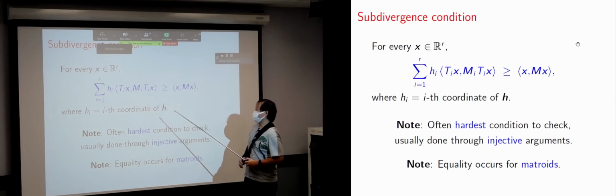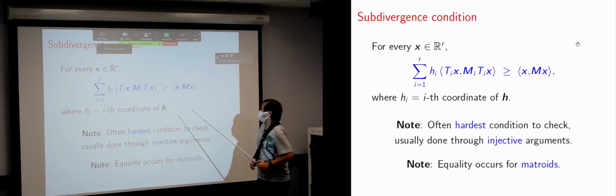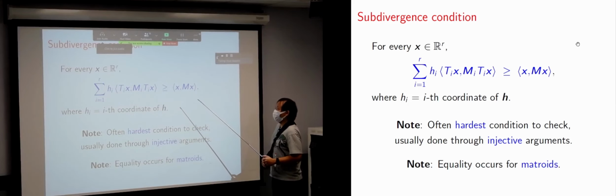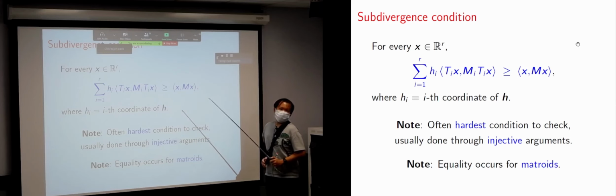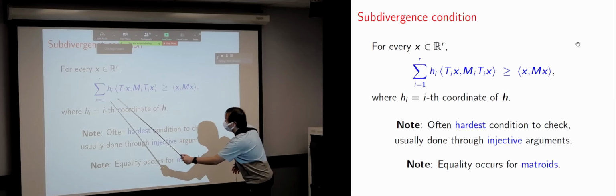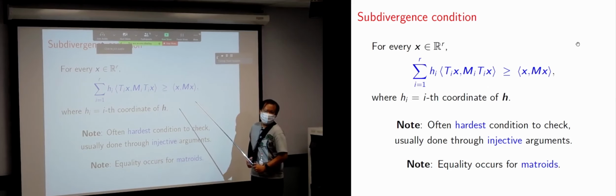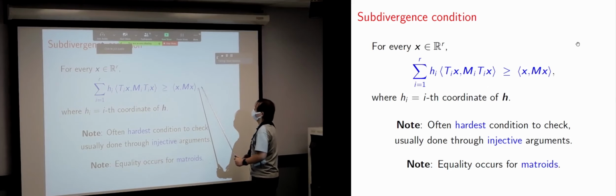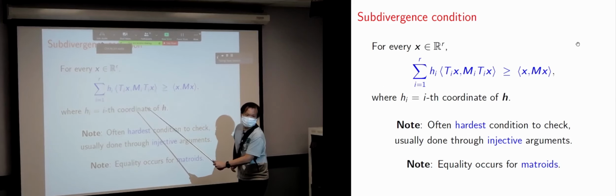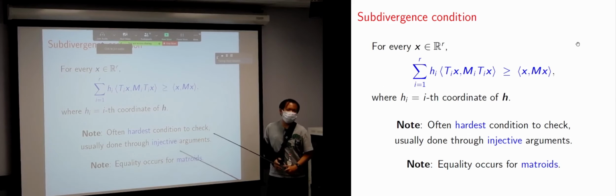This condition is usually the hardest one to check. In fact, in all of our applications so far, we prove this combinatorially, in the sense that we look at the number on the left and the right, and we give a combinatorial interpretation. And we see that there's an injection, more or less, from the right to the left. That is why this number is non-negative.